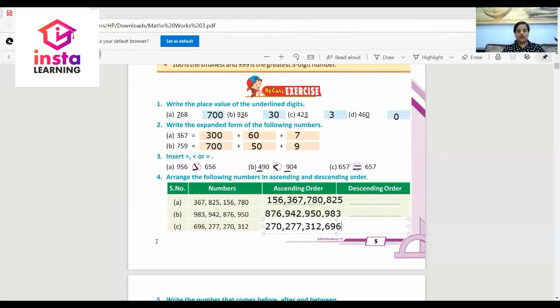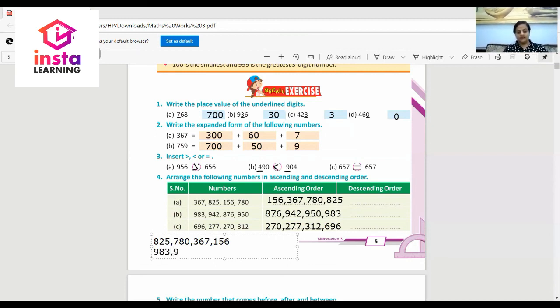Now for descending order, I am writing the answer here. See here, descending order. Just write 825 first, then 780, then 367, then 156, like this. Now the answer for B is 983, that is the biggest number.